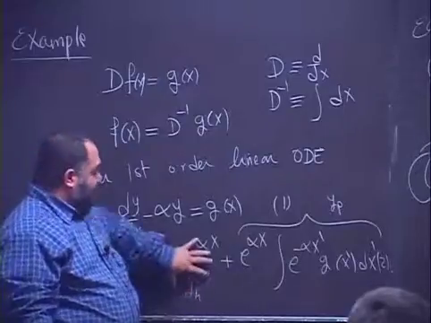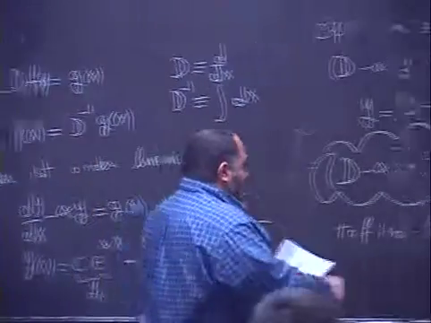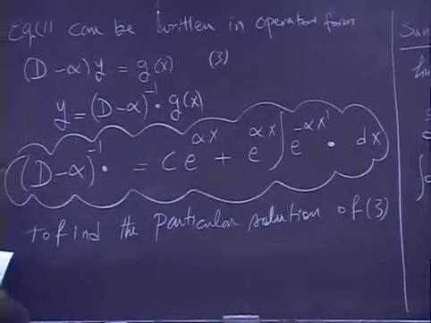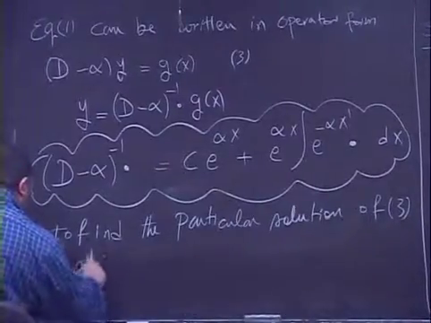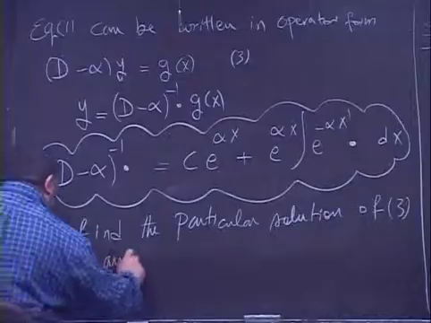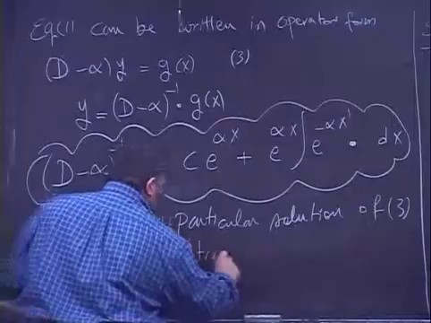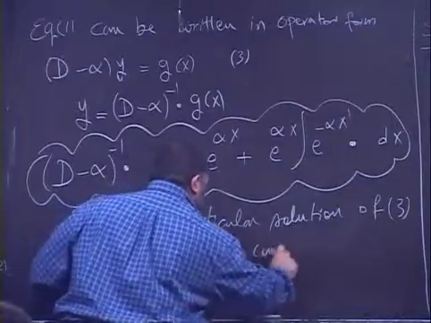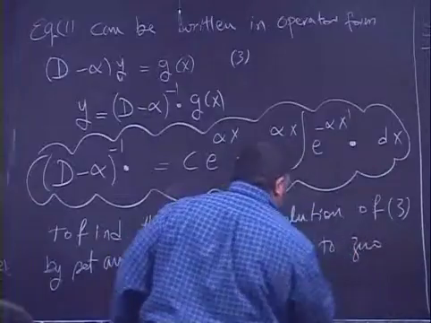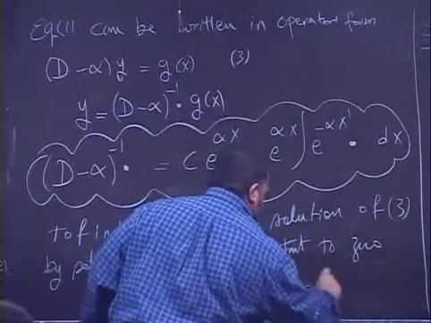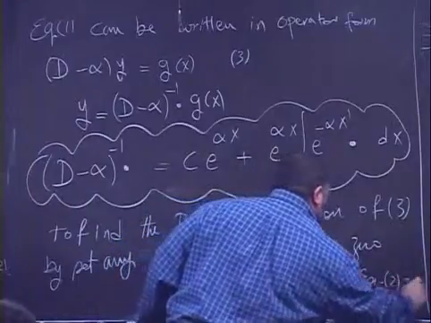Because if c equal to 0, I will have only the particular solution. So I can find the particular solution of 3 by just setting any arbitrary constant to 0, i.e. c in equation 2 equal to 0.